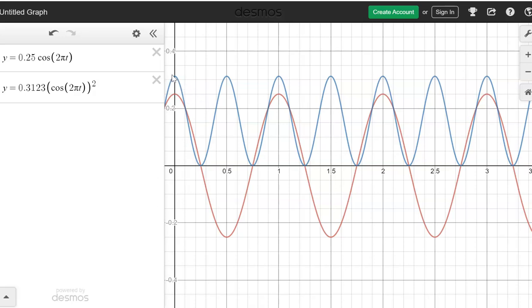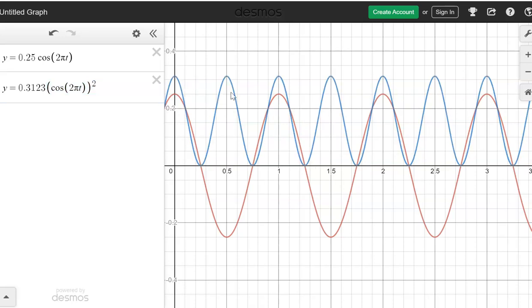And I can also see that the period of the energy function is half the period of the position function. Basically, I've got twice as many bumps above the x-axis than I do for the position function.